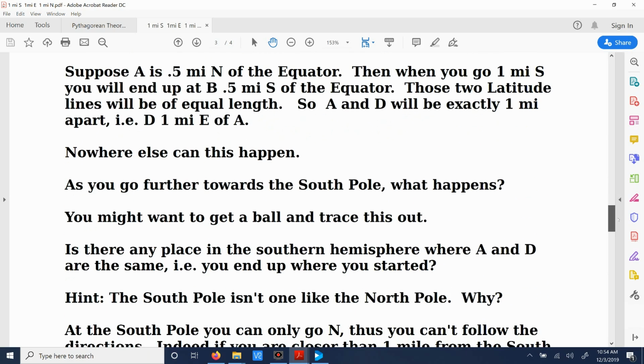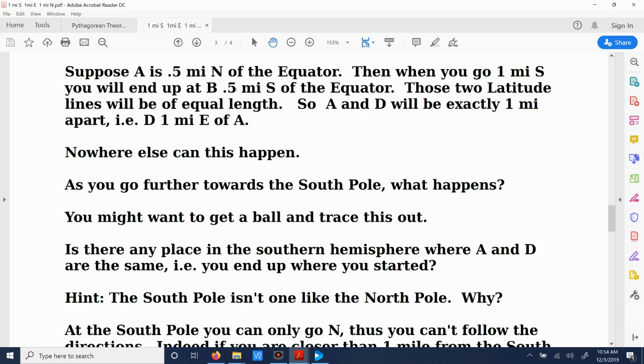Well, I hope you got this as an answer. It's the only answer I know of, and I think it's the only one, and it works. Start 1/2 mile north of the equator. Think about that. Now, when you go a mile south, where are you going to end up? B is going to be a 1/2 mile south of the equator. Well, the latitude lines that are 1/2 mile north of the equator and 1/2 mile south are the same length.